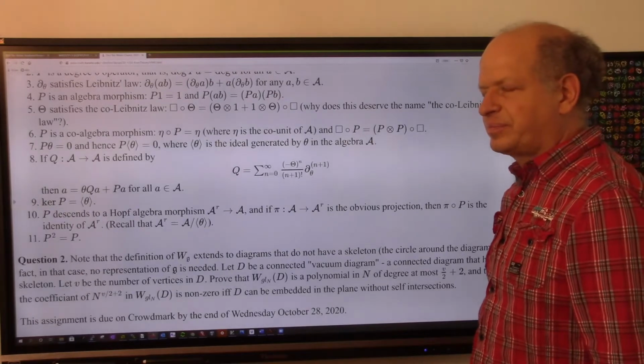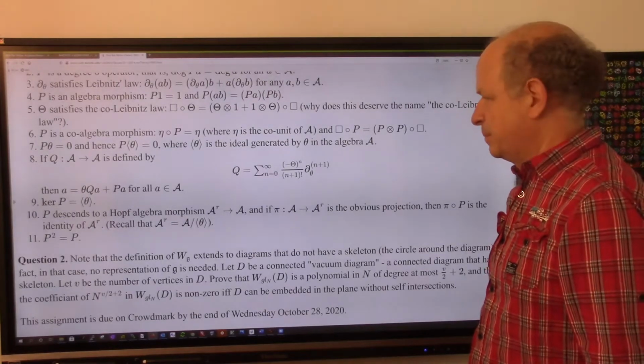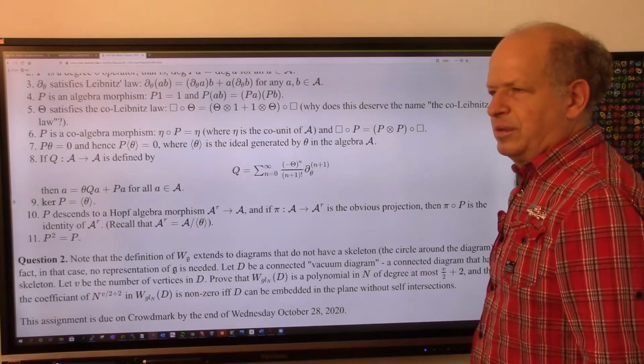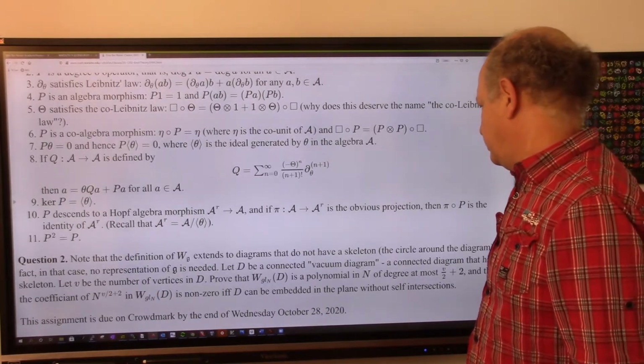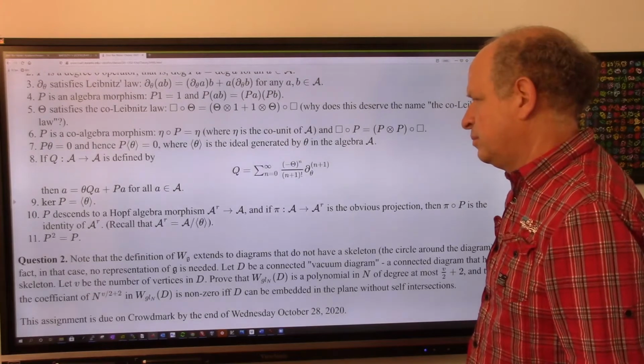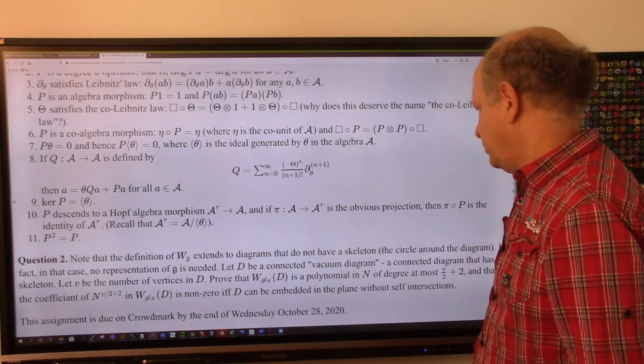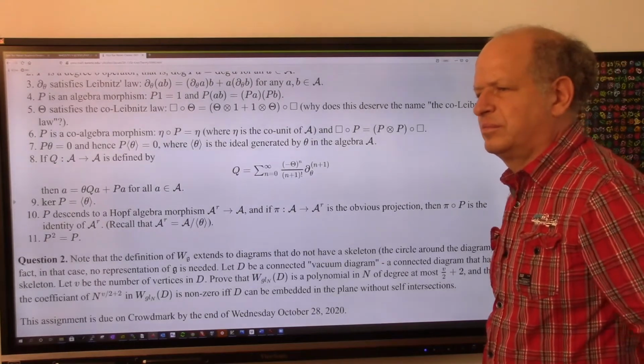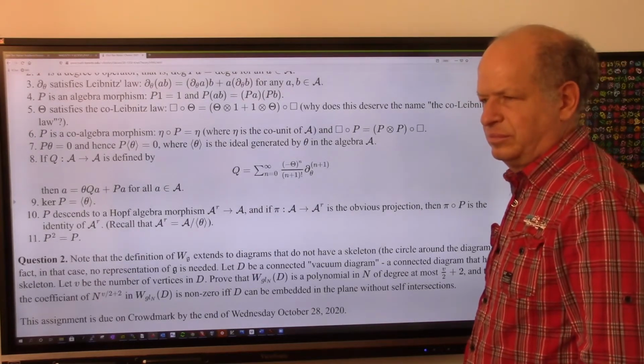Okay, so: prove that W_GL_N of D is a polynomial in n of degree at most v over 2 plus 2, and that the coefficient of this top term is non-zero if and only if D can be embedded in the plane without edge intersections. I've been able to prove one part of that.